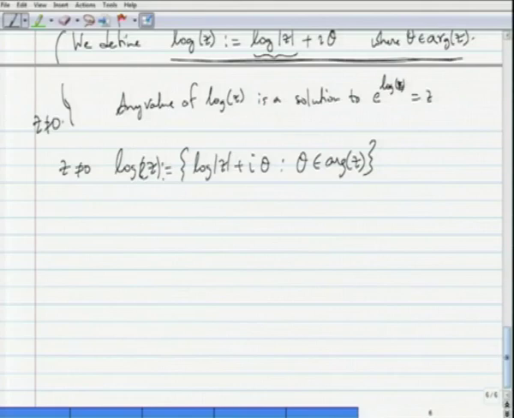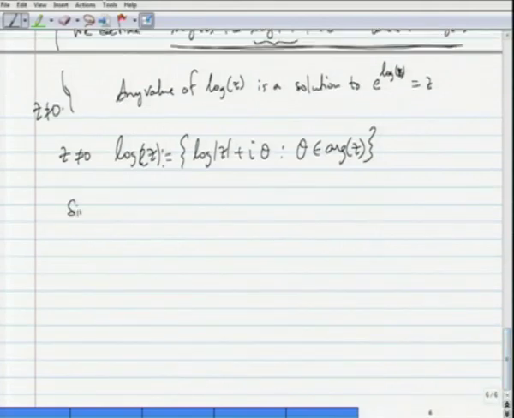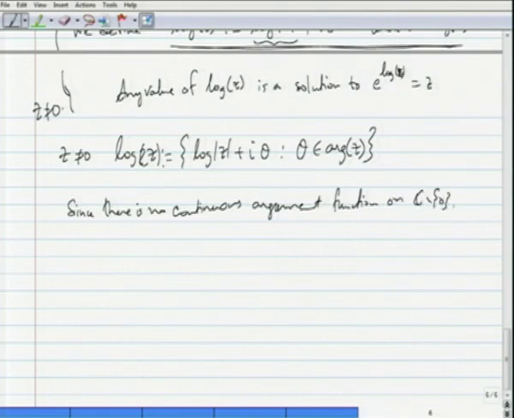And once again, since there is no continuous argument function on C minus 0, there is no continuous logarithm function on C minus 0.